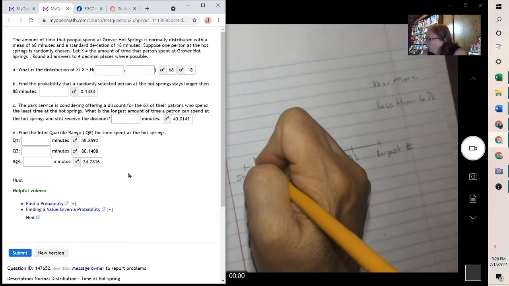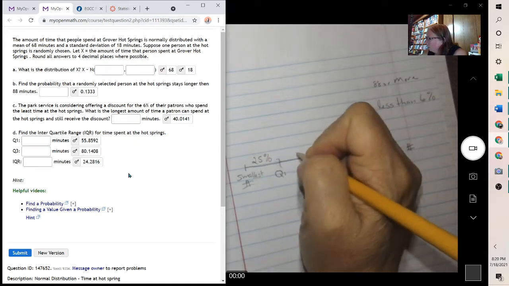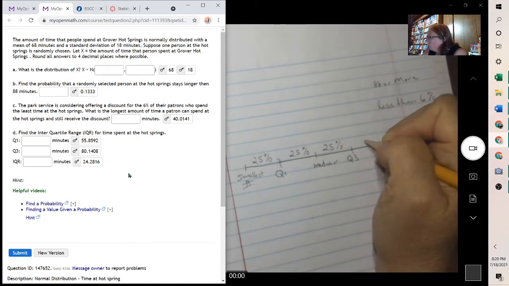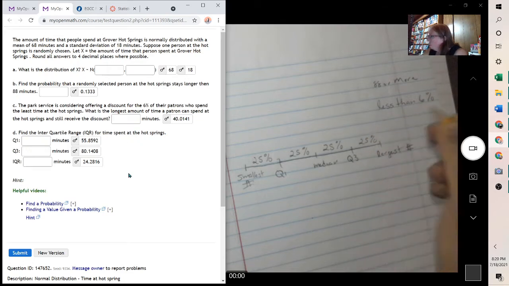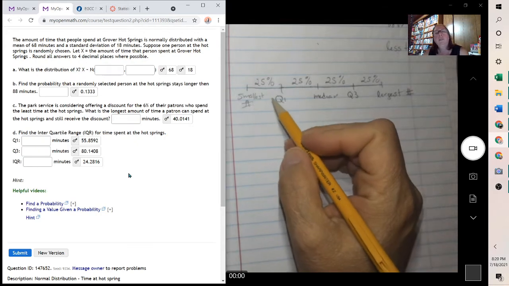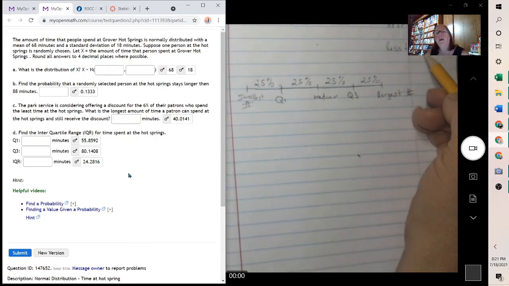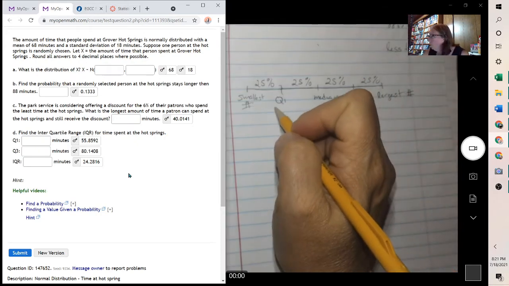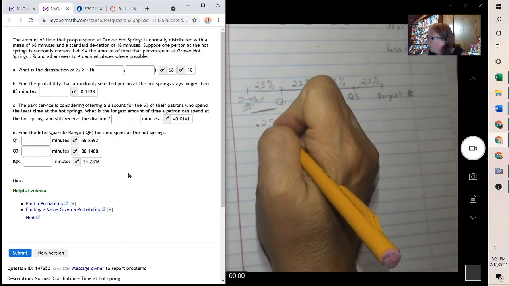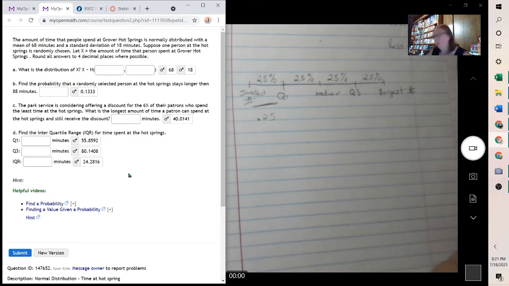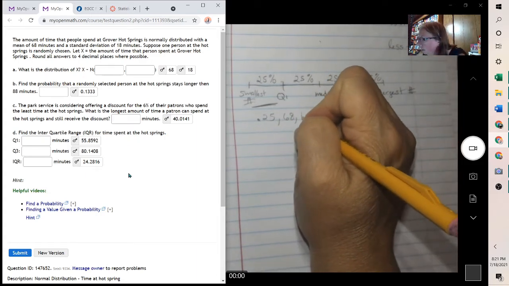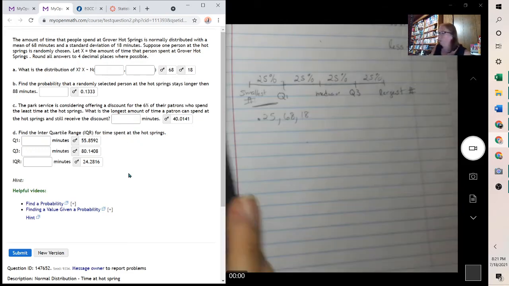In between is 25%. So if we're looking for this one, remember it goes the amount below. Well, below the first quartile is 25%, so we would use 0.25. Now our other values stay the same. The 68 for the mean and 18 for the standard deviation.